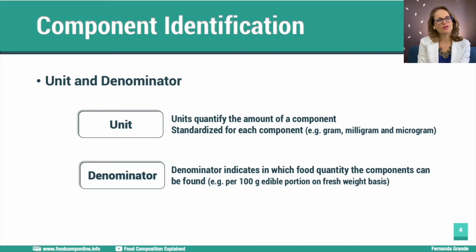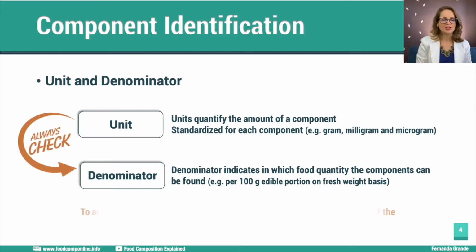Usually in food composition tables, the denominator is per 100 grams of edible portion on fresh weight basis. But in some cases, especially for liquids, the information can also be expressed per 100 ml of food. It is important to check because in this case we need to use density information if the amount of food consumed was recorded in grams.